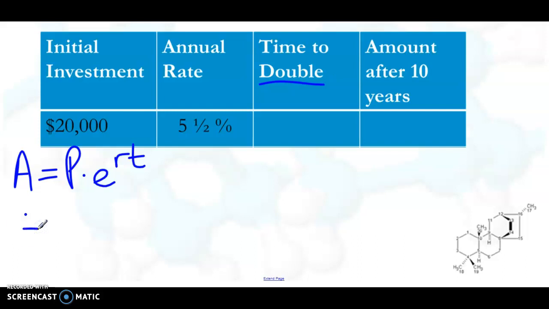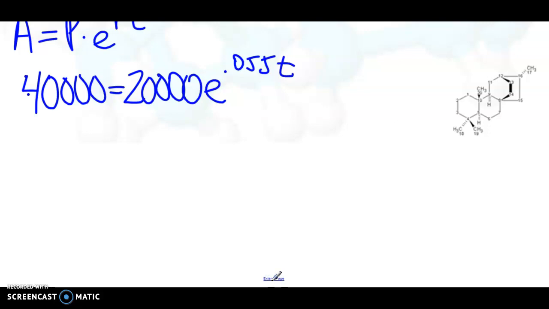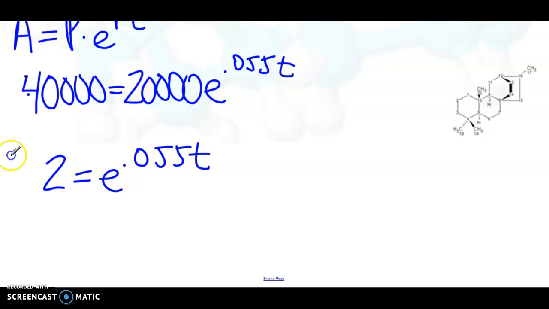So I'm going to set this up. 40,000 is equal to 20,000 e to the 0.055, because that's 5.5%, times t. When I divide 20,000 on both sides, I get 2 is equal to e to the 0.055t. Next, we'll take the natural log of both sides.